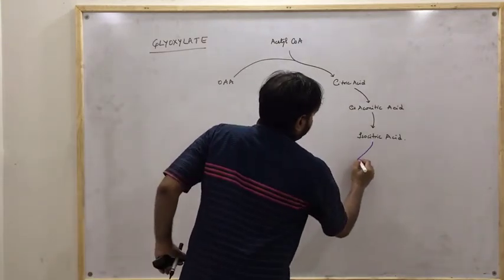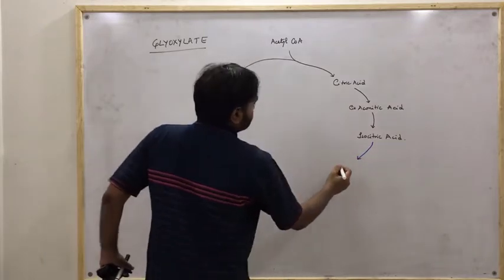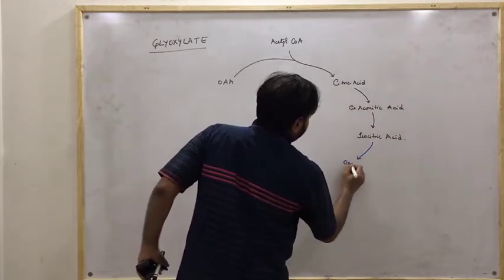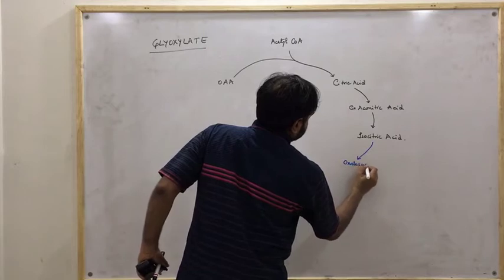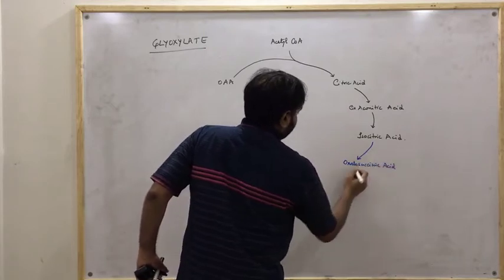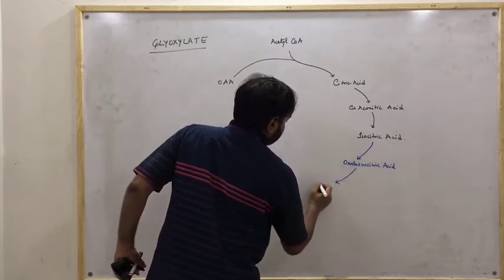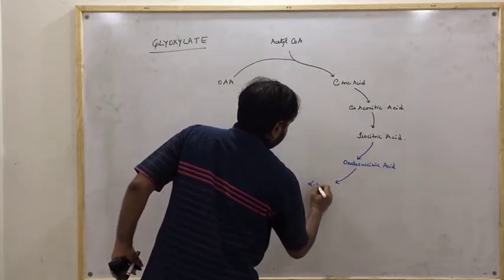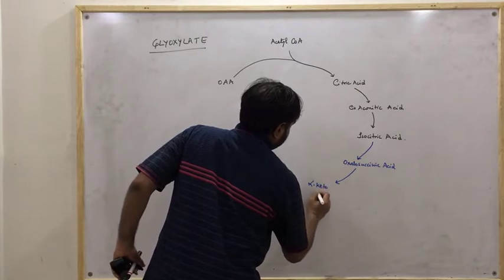And it will form oxalosuccinic acid, or you may directly write alpha ketoglutaric acid also, alpha ketoglutaric acid.